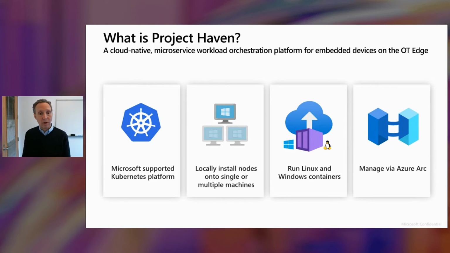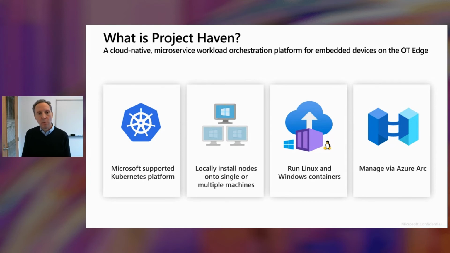You can install it on one node, one device, or multiple machines, clusters of machines. So as a developer, you'll be able to deploy it on your own dev box, without going through a lot of complexity of managing a cluster and configuring a cluster and setting up the networking and all of that. It runs Linux and Windows containers, and it will be managed via Azure Arc.